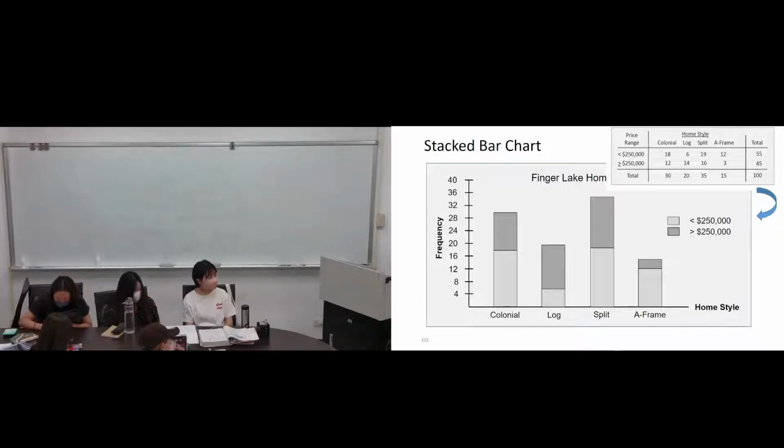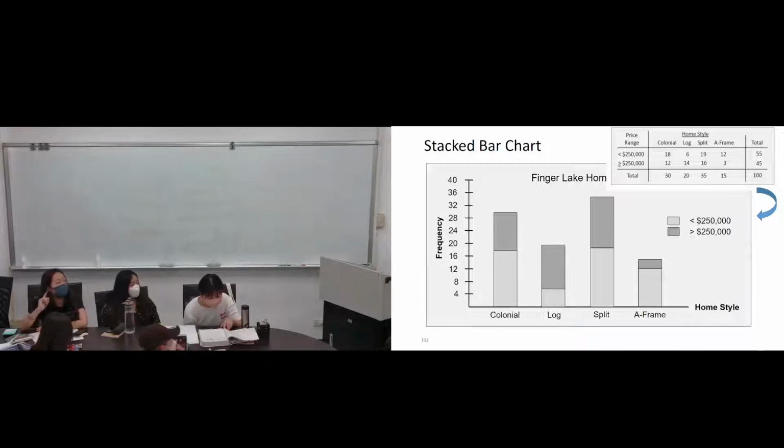So we draw colonial in the same bar, but we classify this bar into two different segments. One is priced below $250,000, the other is priced above $250,000.